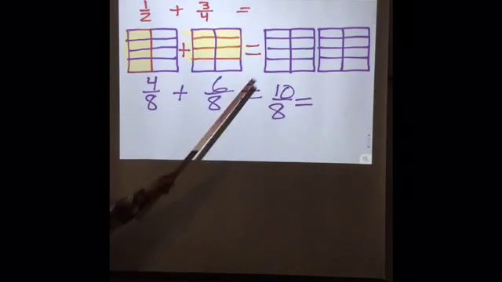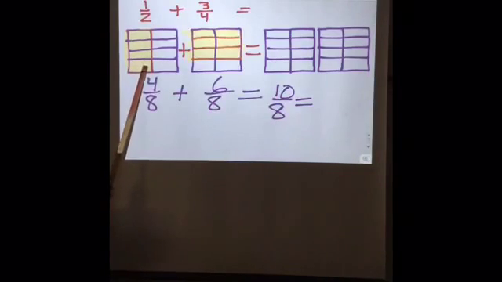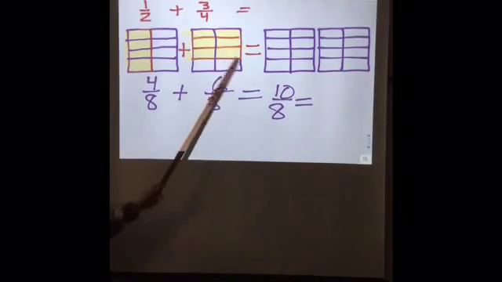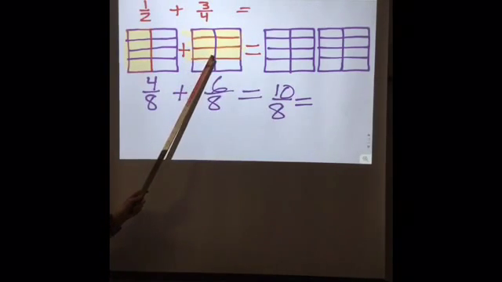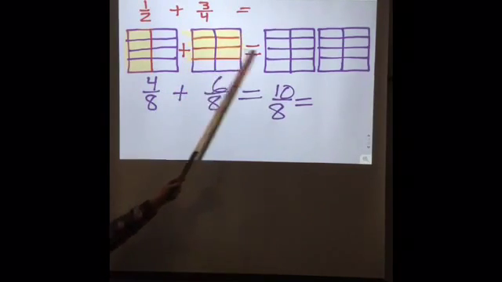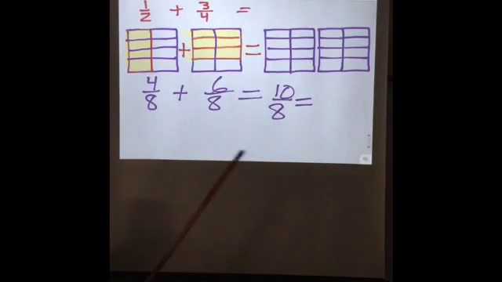Does everybody see that this box looks the same as this one? Even though that's not red? Right? You get that, right? And this one's the same as that one, right? Now here's what I'm going to do. I'm going to take these colored pieces, this piece, and I'm going to shade it in over here to show this one.